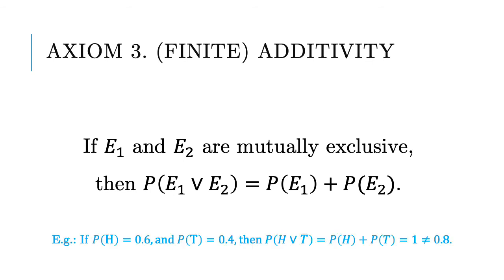For example, if the probability of heads is 0.6 and the probability of tails is 0.4, then the probability of heads or tails is equal to the probability of heads plus the probability of tails, which is 1 and cannot be any other value. It must be their sum. Recognizing that here, heads and tails are indeed mutually exclusive events. When one occurs, the other cannot also occur.